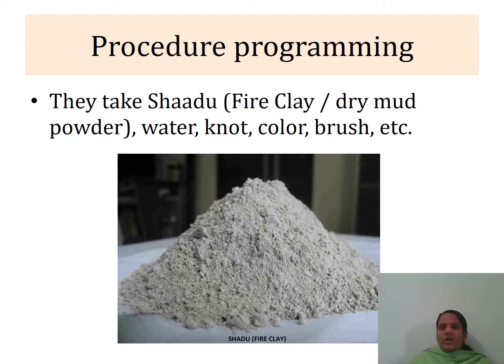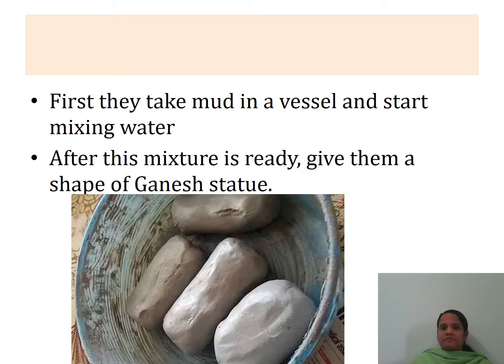So let's take one example here. Suppose we are going to make a Ganesh statue, right? For this purpose, what things are needed? Mud needed, water needed, color needed. So we have to collect these things first. After that, we need to take a vessel and start mixing.